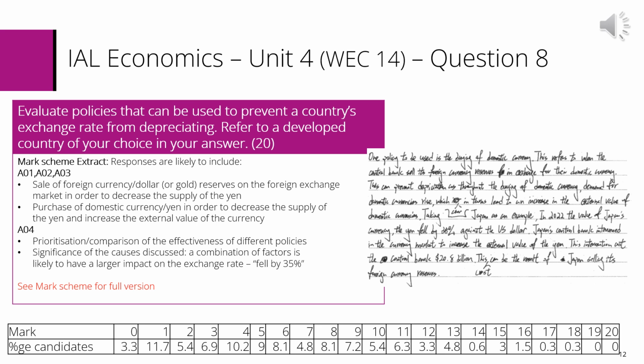The context from the developed country should be integrated into the response to provide a coherent discussion. In terms of evaluation, the evaluation should also be developed by 3 points, with further use of context from their chosen country to answer the question.